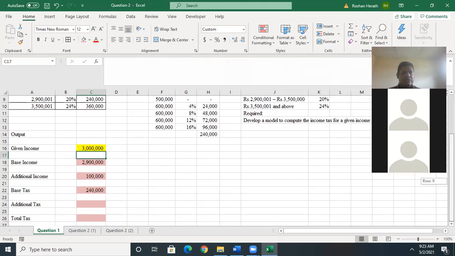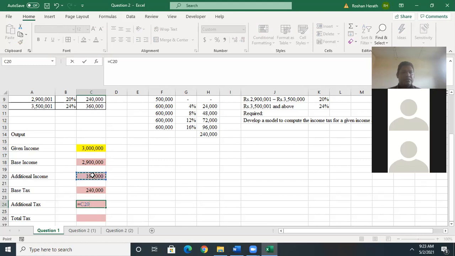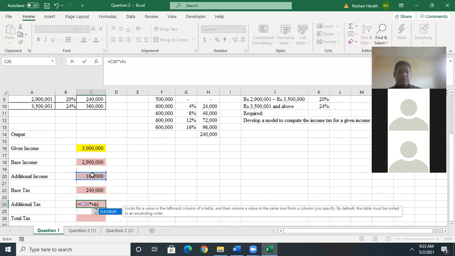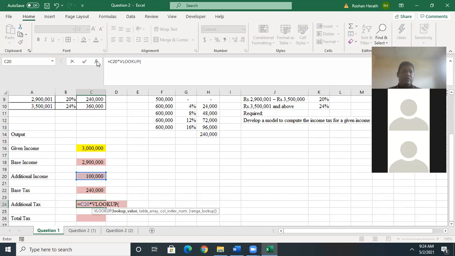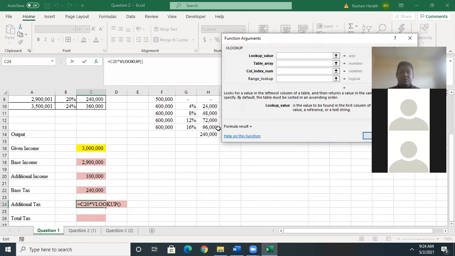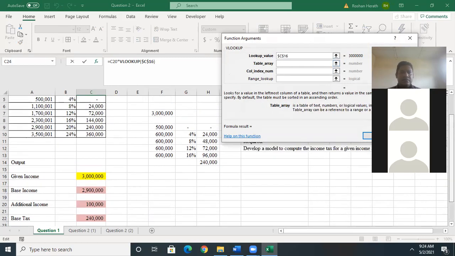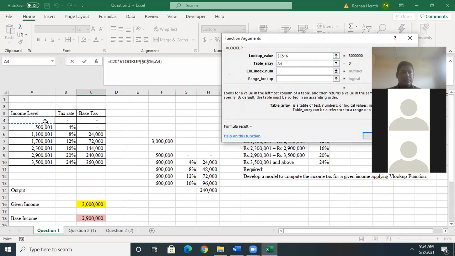Then how do you take the additional tax? The additional income is there. You can multiply it by the rate, or you can even take a VLOOKUP. In fact, you could have copy pasted that as well. Lookup value taken, income levels, sorry, that is the table array.